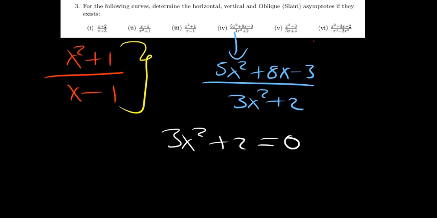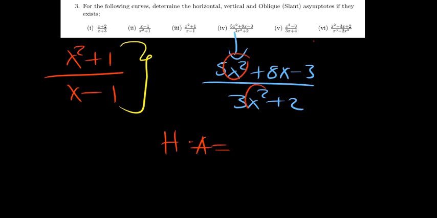You find that 3x squared is equal to negative 2, and of course you can't find the square root of a negative number in this case either, so we don't have a vertical asymptote. How do you find the horizontal asymptote? We've got the same degrees, x squared, so it's going to be 5 over 3. Simple and straightforward.